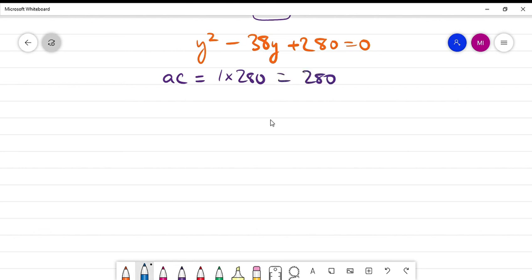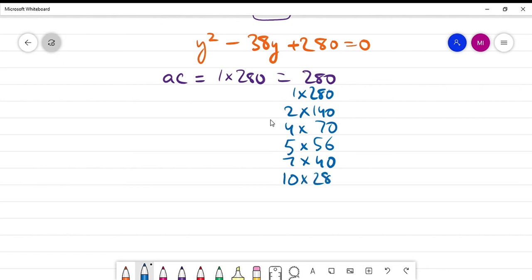And there are a lot of factors, so let's get right into it. 1 into 280, 2 into 140, 4 into 70, 5 into 56, 7 into 40, not 8, 10 into 28, and let's just stop here because I see the factors.